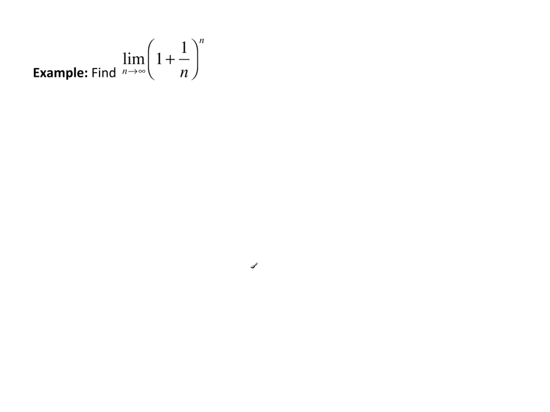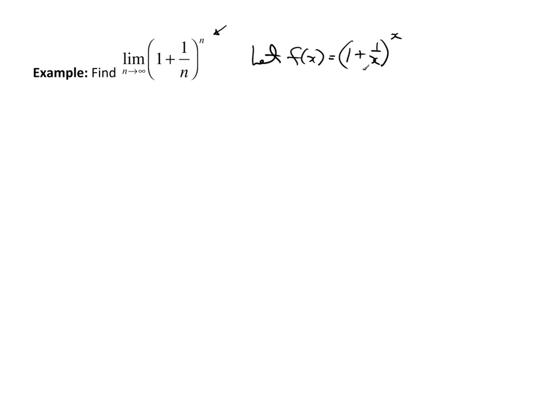Let's find the limit as n goes to infinity of 1 plus 1 over n raised to the n. Now, the way I'm going to do this is I'm going to let f of x equal 1 plus 1 over x raised to the x. And over the domain of an, where n equals 1, 2, 3, and so forth, this is defined.